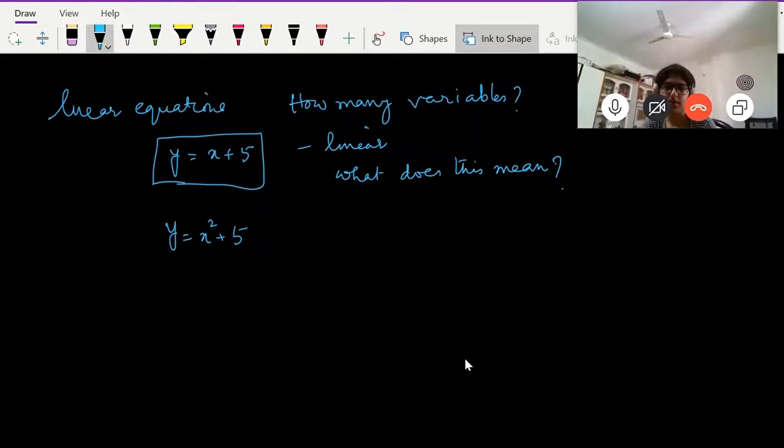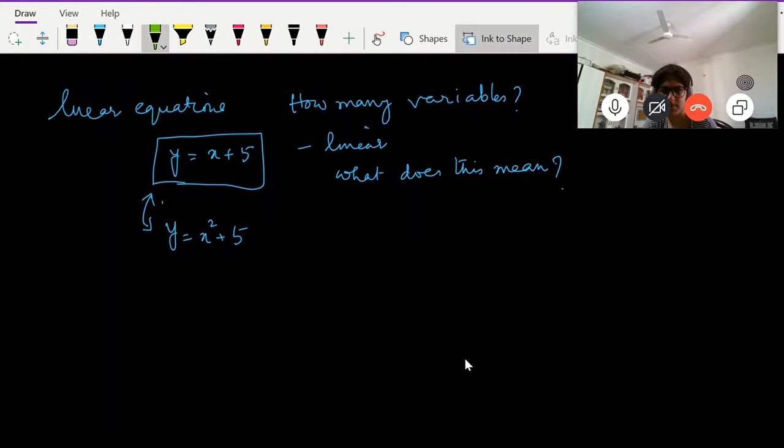The variable is raised to the power of 2. It's a quadratic equation. What is the physical meaning of that? That it can have two solutions. What is the difference between these two equations?